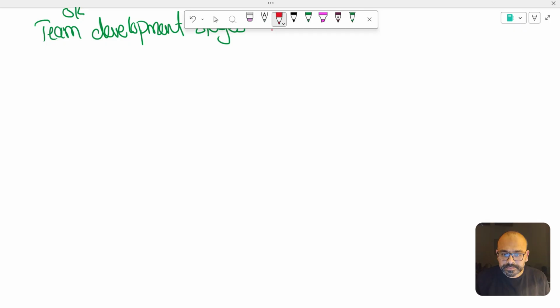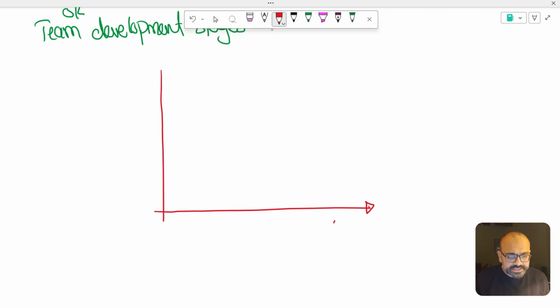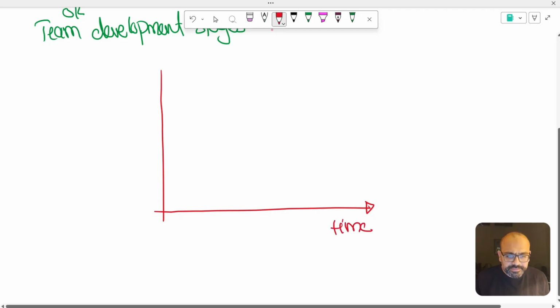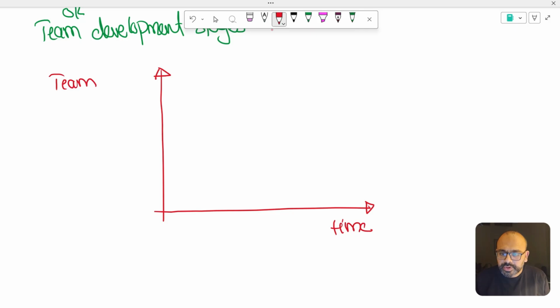So if I plot x-axis and y-axis over here, on the x-axis we have time, and on the y-axis we have collective team performance. Now the team performance will go like this.